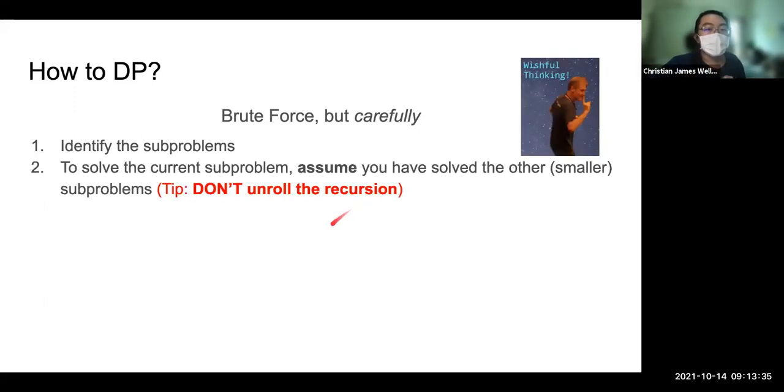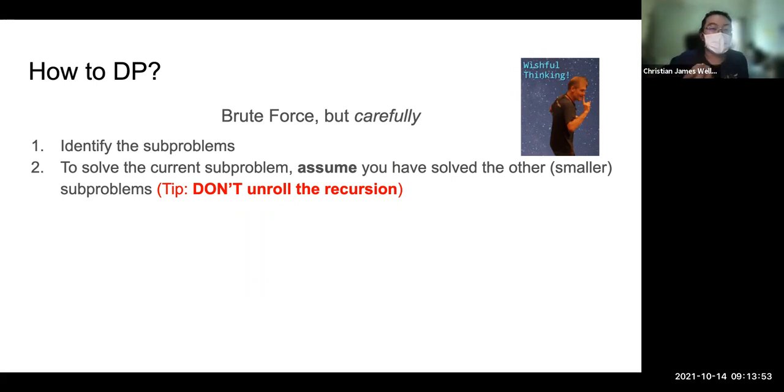Okay, so then this is one thinking. If you took CS1101S under Prof Martin Henz, you might have heard of this term called wishful thinking. It just means that you wish that you have solved the smaller subproblem, like somehow you know the result already.